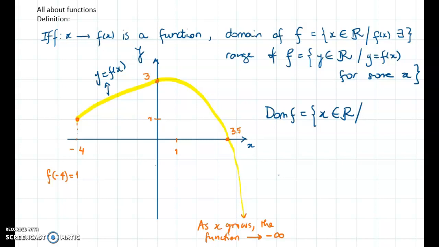And then after -4, for all the points, I have the function defined. Here we can see it with the picture. And then the clarification here says that as x grows, the function goes to -infinity. So it's still defined. So the domain of f is x belonging to the reals such that x is greater or equal than -4.